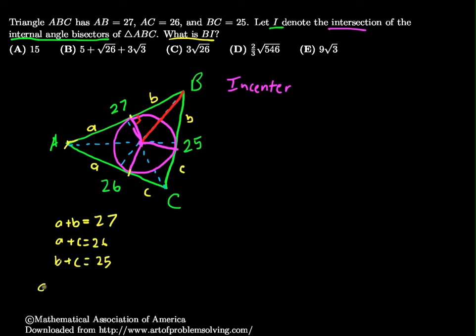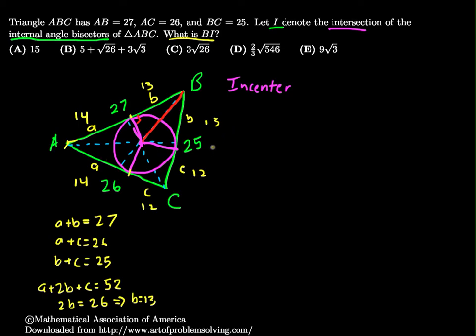So I'll have A plus 2B plus C equals 52. Subtract this one to get rid of the A and the C. So I'll get 2B is equal to 52 minus 26, which is 26. So that means that B is 13. Okay, we'll use that later. So this is 13, 13, and I know this is 12, 12, and that means that this is 14, and 14, and you can see that all the way around the triangle.